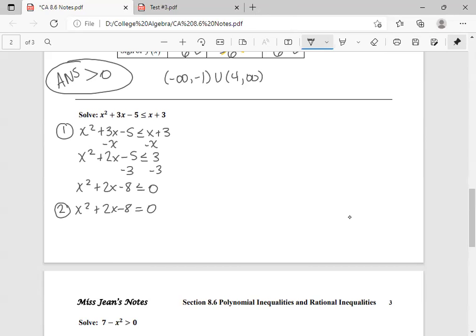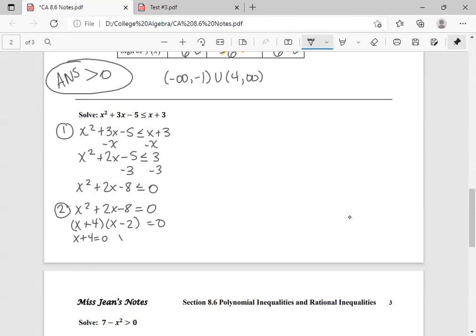And we can find our zeros that way. That would be perfectly fine. Or we can factor this. We can think of things that multiply to -8, but add to 2. If you use your quad program, you don't have to do this. It just gives you the answer. So I think x plus 4, x minus 2, because 4 times -2 is -8, but 4 plus -2 is 2.